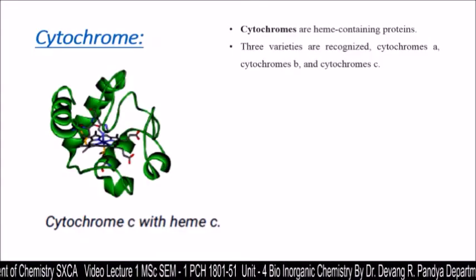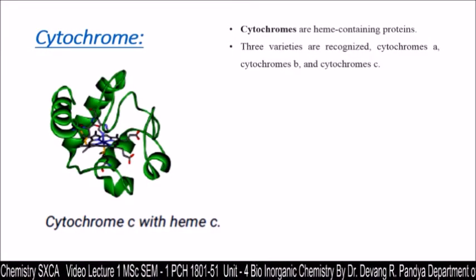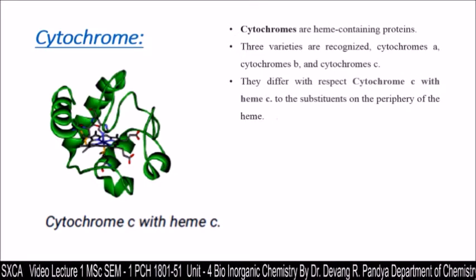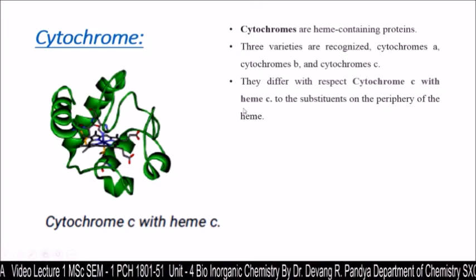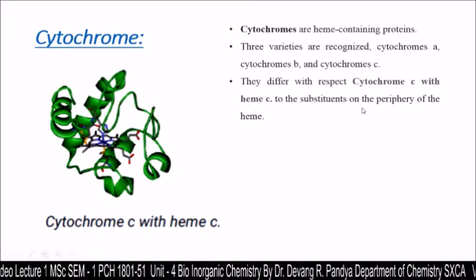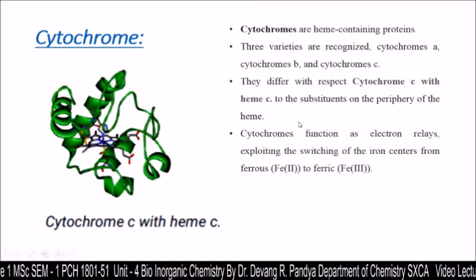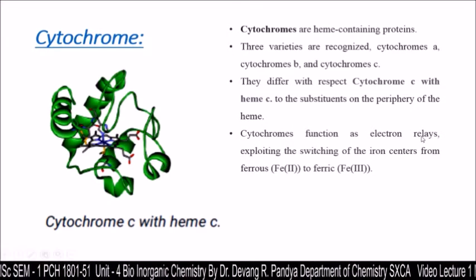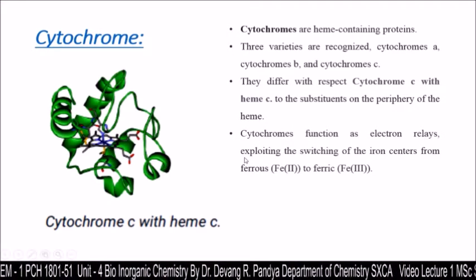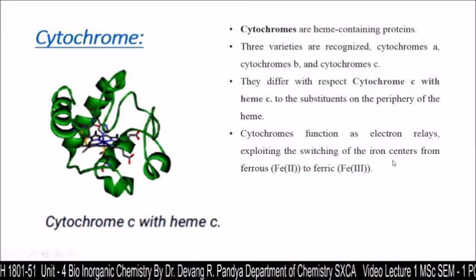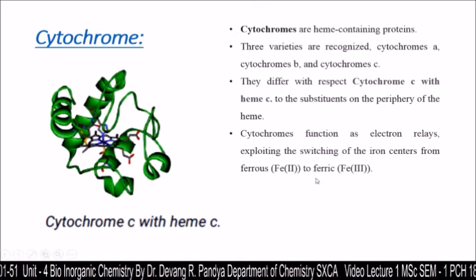I have already explained the structural difference in cytochromes a, b, and c. Cytochrome c, with heme c, differs in the substituents on the periphery of the heme group. Cytochrome functions as an electron carrier, exploiting the switching of the iron center from ferrous to ferric.